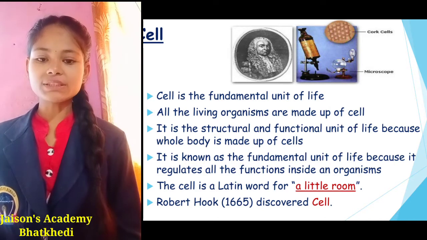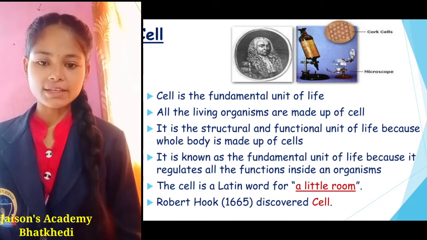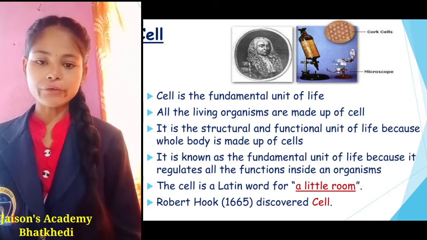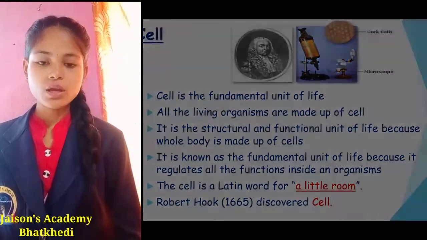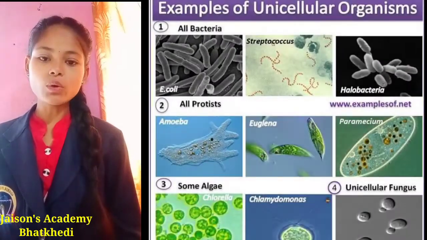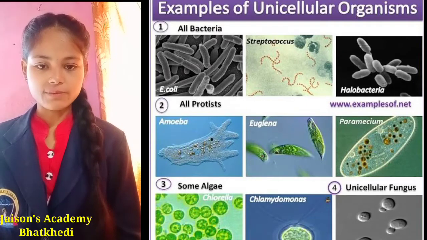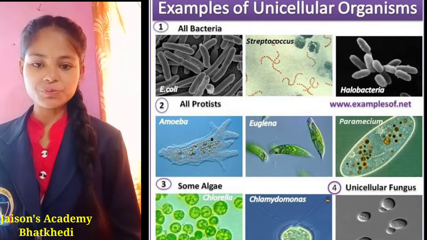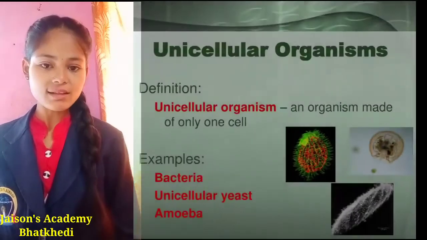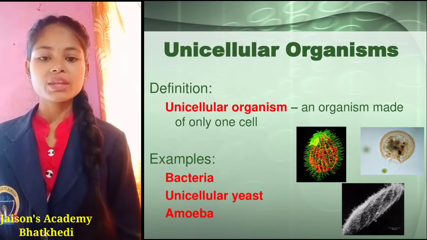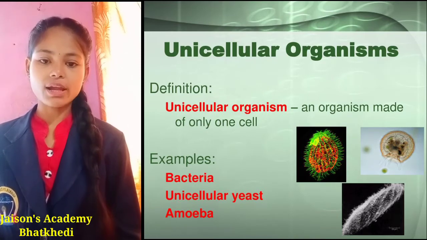Now, later on, the scientists also observed that different organisms' body consists of different number of cells. Some of the organisms, very lower class organisms, were made up of only single cell. The organisms whose body is made up of single cell are called unicellular organisms.